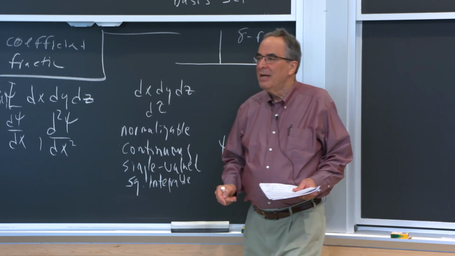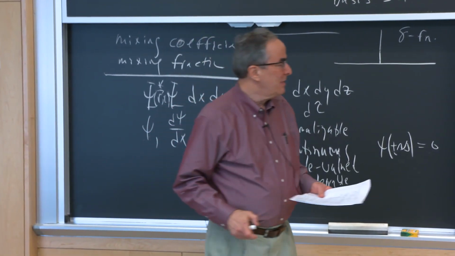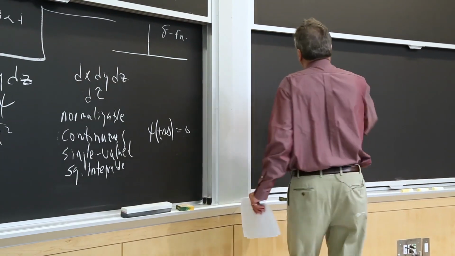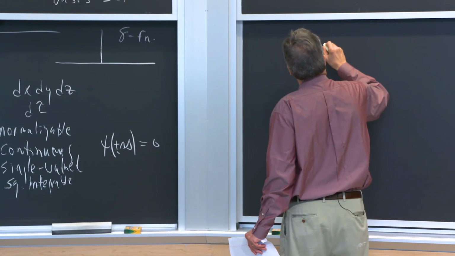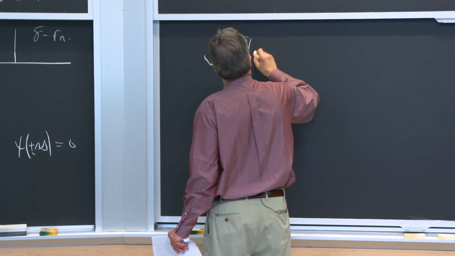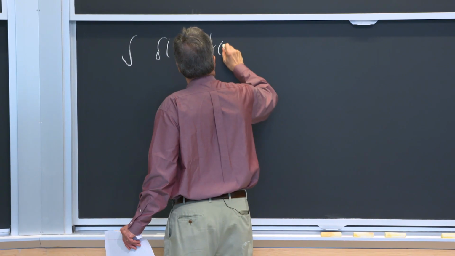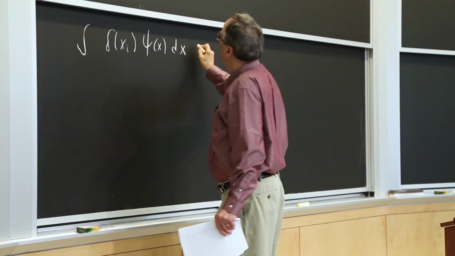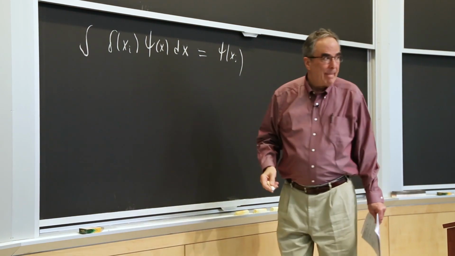Yes? Does it relate at all to the integral of the spike? Yes. So we have an integral of the delta function at xi times the wave function at x dx. And that gives you the wave function at xi.